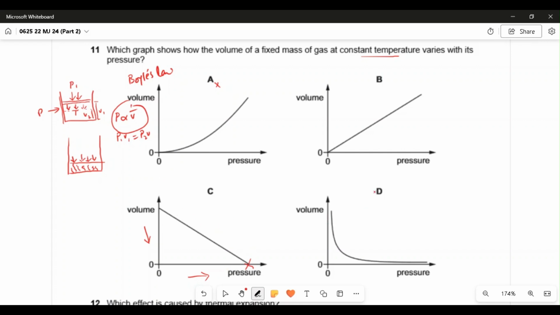The real life situation you can see is option D. Why? Because initially volume decreases with pressure, but at some point you keep on increasing the pressure, there is no further decrease because this is the maximum decrease in volume. So this is the minimum volume that a gas can contain. So option D is the correct option.